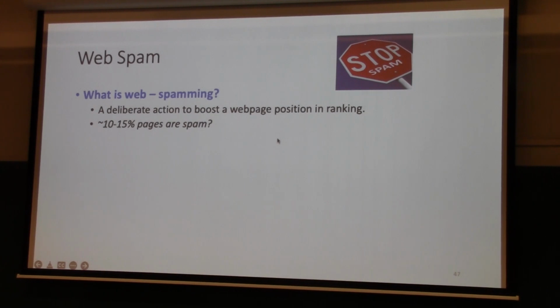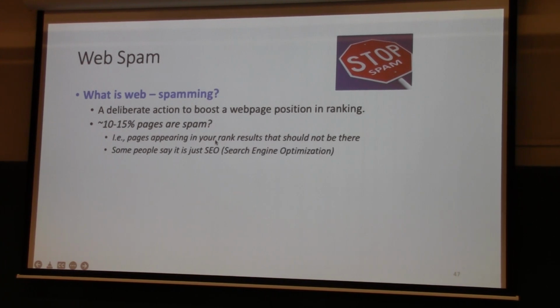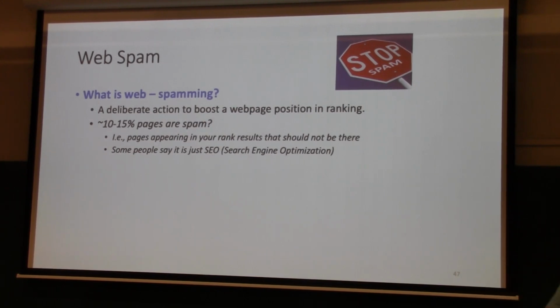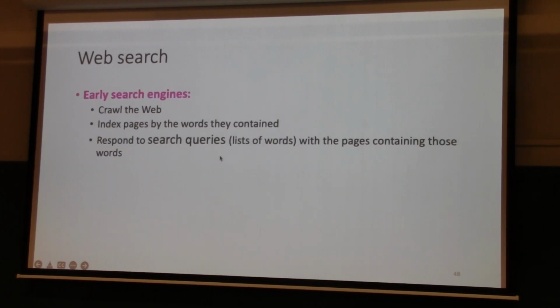And there are lots of spam pages, which are created only to appear in your rank results when they should not be there. Like I mentioned before, this has a very dignified name called search engine optimization, but it's basically cheating. Google has spent a lot of effort combating this. So let me talk a little bit about cheating.